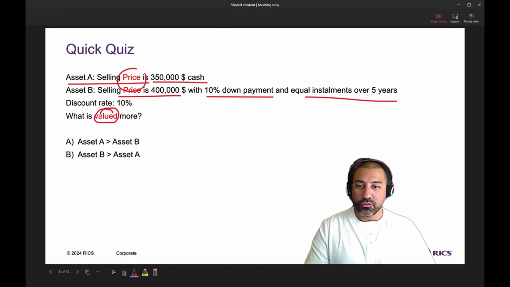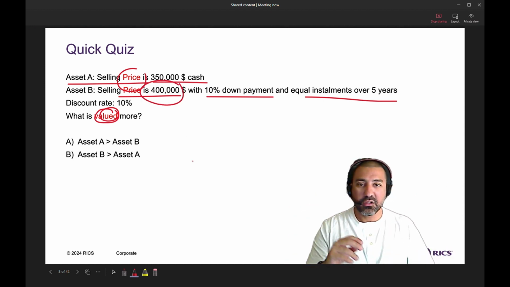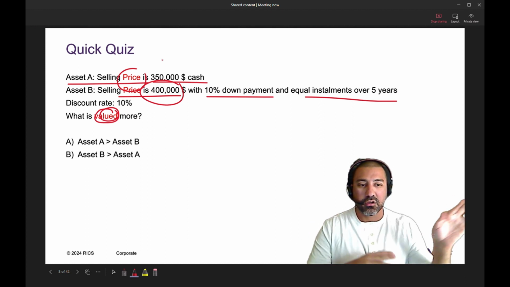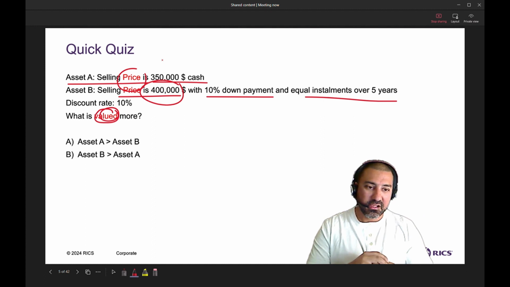What is valued more? Which one has a higher present value? A novice valuer would say, of course, this is valued more. This is sold at 400,000, while this one's sold at 350. Therefore, asset B is more valuable than asset A.